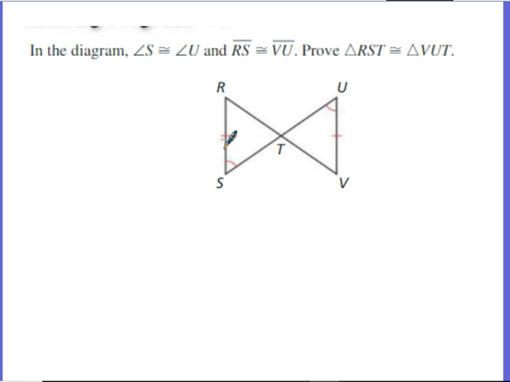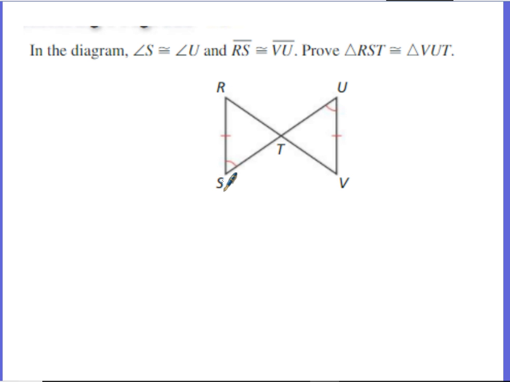And I'm actually going to take that route because I can't make any claims about R and V. Why? Because I don't know RS and UV are parallel. Please be cautious. At this current moment, I don't know that they are parallel. Yes, could I prove that they are? Of course.